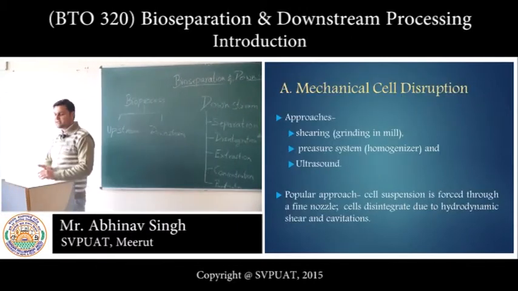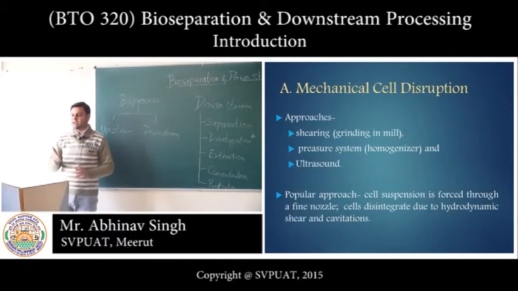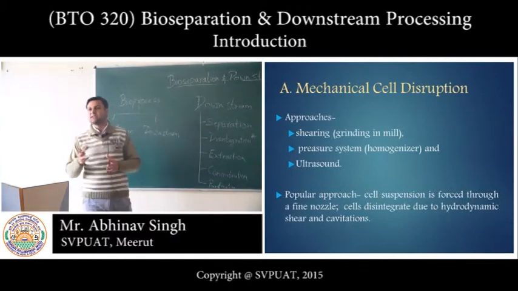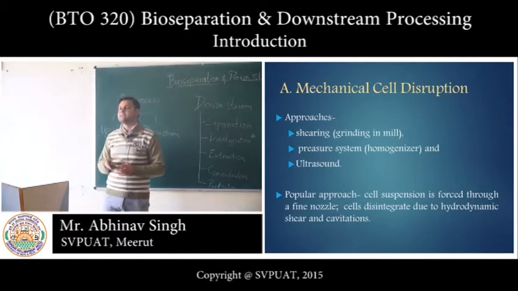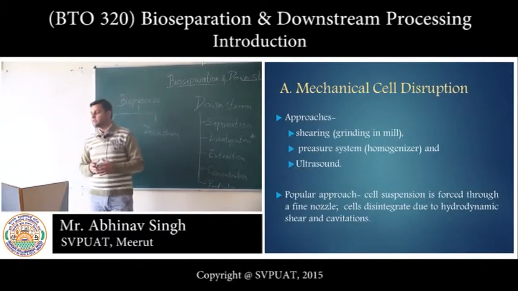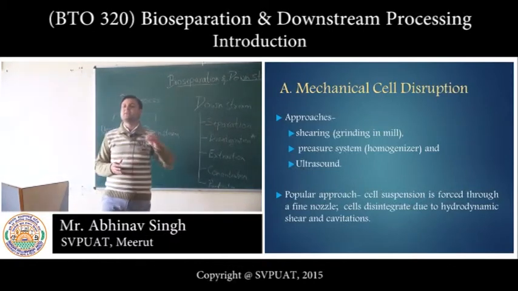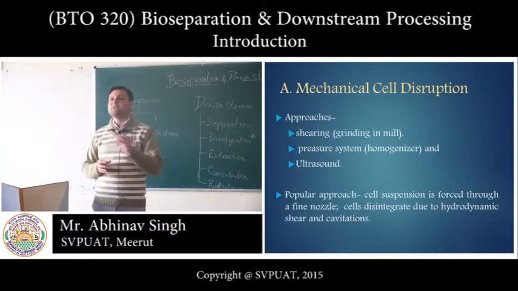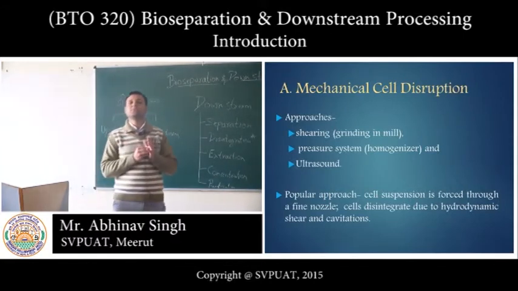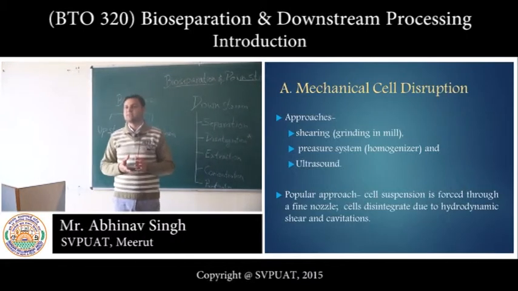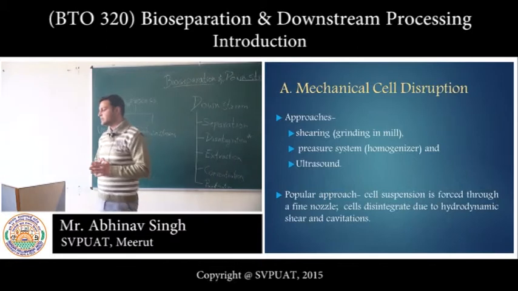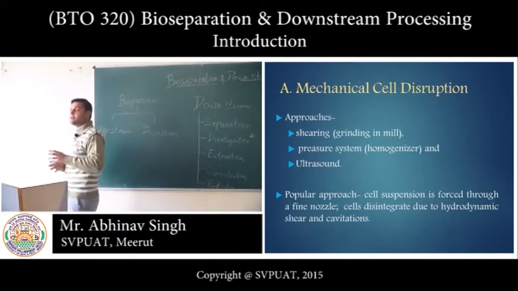So first of all, what is mechanical disruption? It covers very many approaches. As available in the slide, the three basic mechanical cell disruption methods are: first of all, shearing. Shearing means that we provide heavy shearing to the cells, which makes the cell disrupt. An example is grinding it in a mill. The second one is pressurizing the system. How are we going to pressurize the system?